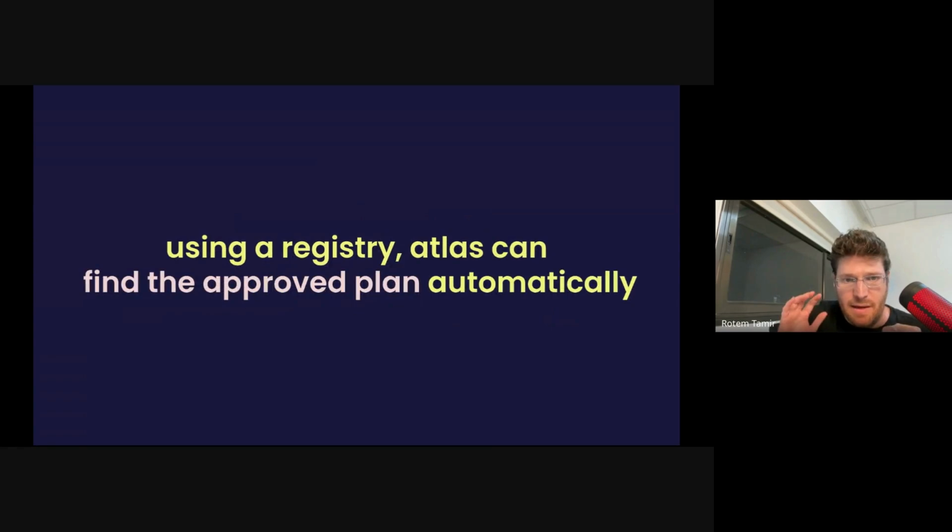So using the registry, Atlas can find the approved plan automatically. If we use the navigation metaphor, the registry would be this GPS satellite that gives the vehicle information about which paths are allowed, or the mapping data that tells you where you have traffic jams.